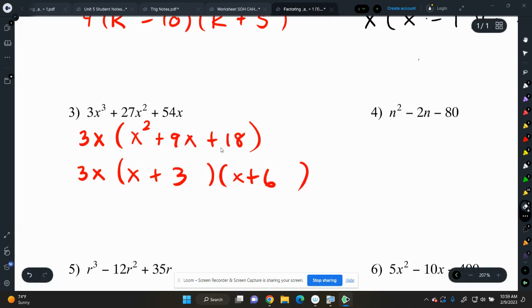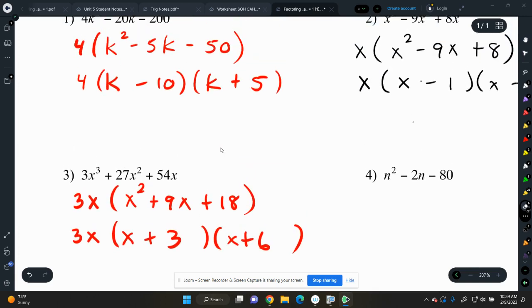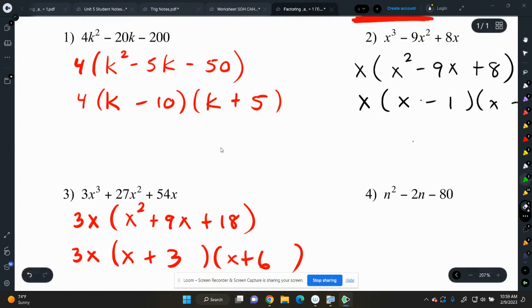Okay, things to remember on your quiz. Ladies, you can't remember if you don't hear it. When you factor out your greatest common factor, make sure that you continue to bring it down as you work through the problem.